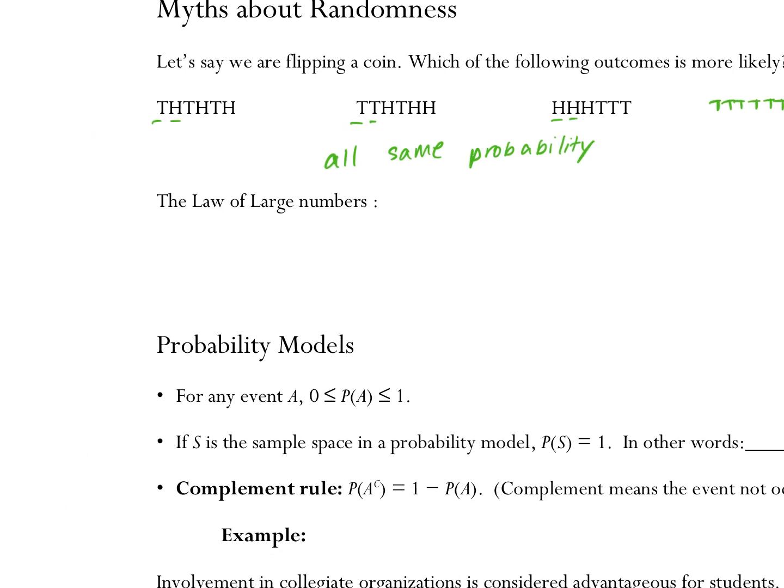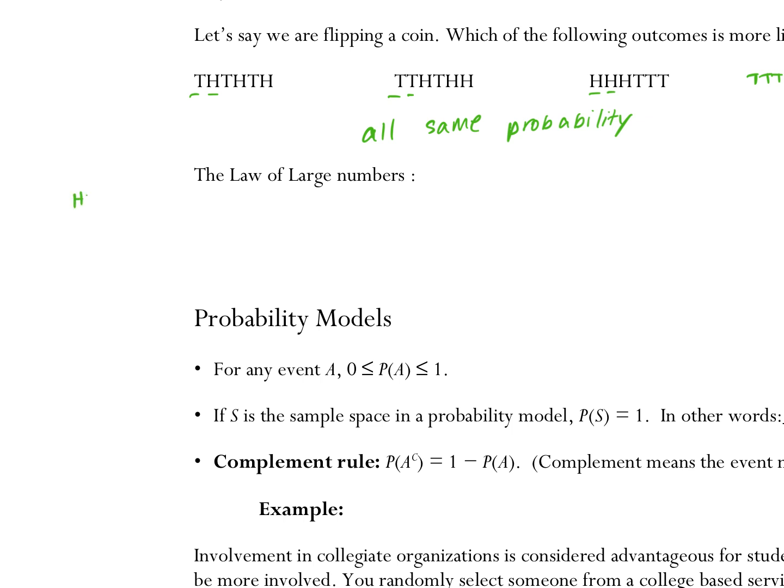Now, let's say I flip this coin 5 times, and I'm going for my 6th flip. But I know that the first 5 flips were heads. Okay? What's the probability that the next flip is going to be heads? 50%. It's still 50-50.